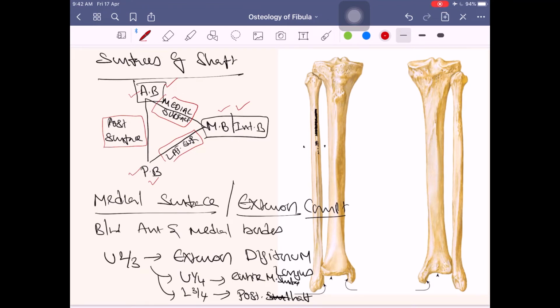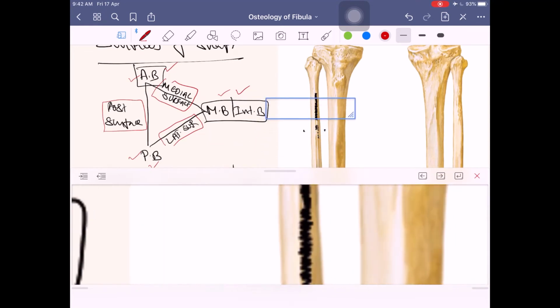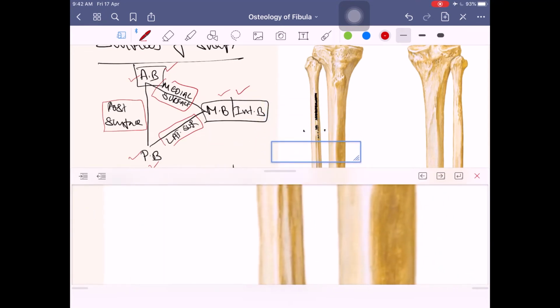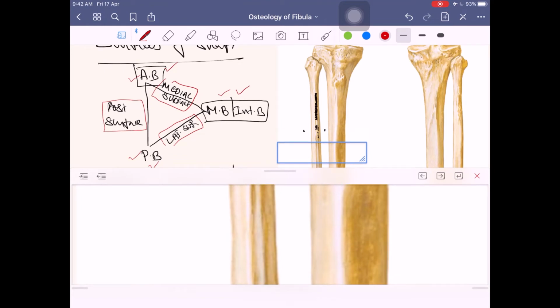Now the medial surface is between the medial and the anterior border. If you see in this line, this is your anterior border. Please observe the triangle also on the top, and this one is your medial or interosseous border.